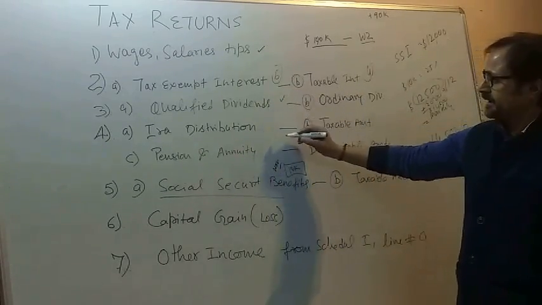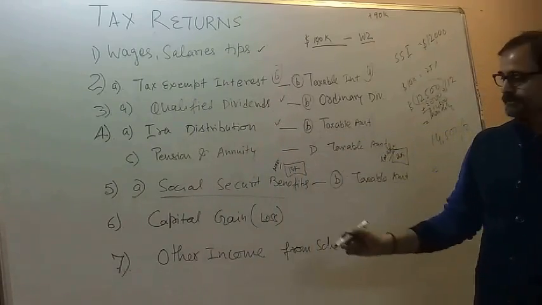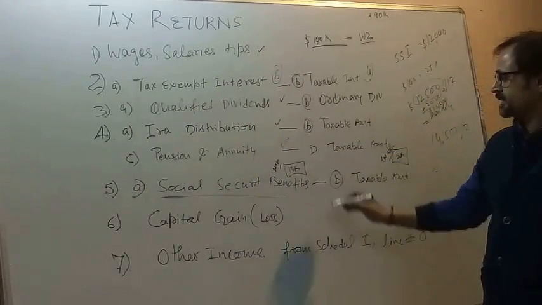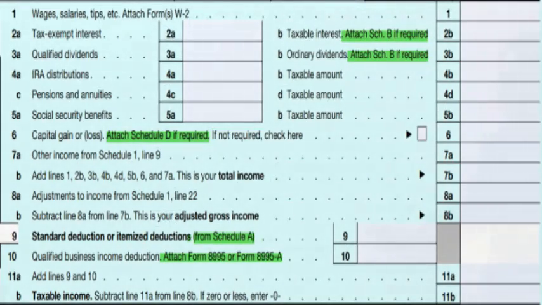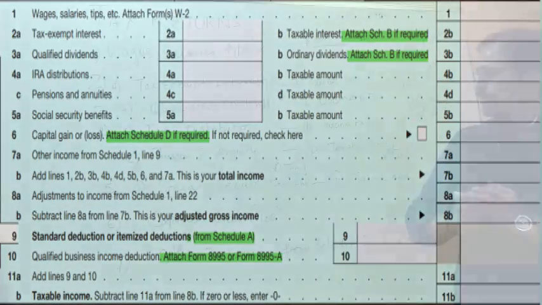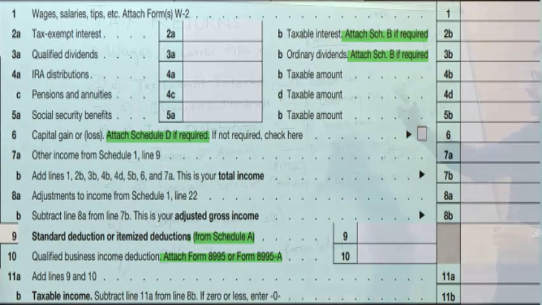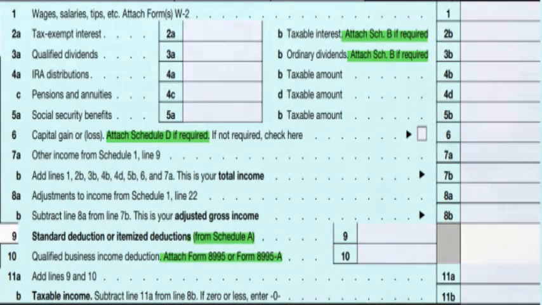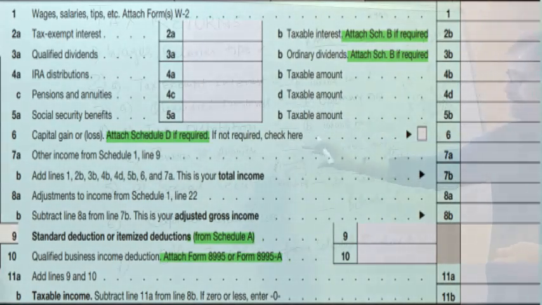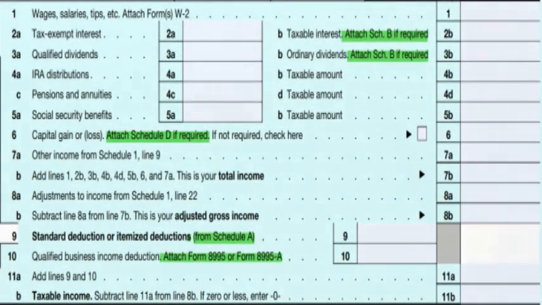Similarly for the dividends, IRA distributions, pensions and annuities, and social security. Then the capital gain and loss. The best thing is that all these incomes have their schedules written in front of them, like tax exempt interest, schedule B, right? For capital gain, schedule D, or loss schedule. For IRA and social security, or wages, we know what documents we need to cross verify.